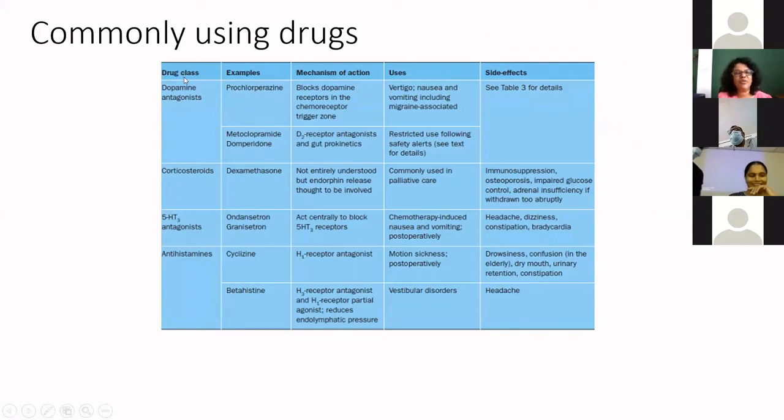So these are the common drugs that we use in Sri Lanka, and metoclopramide, we need to know the side effects and at the same time the mechanism of action as well as the side effects.